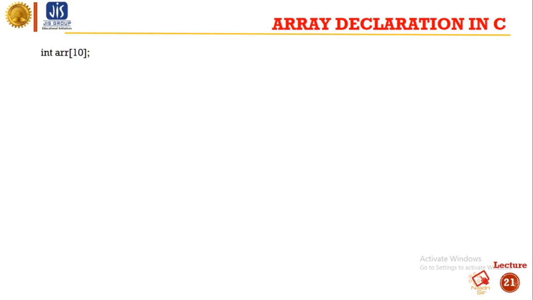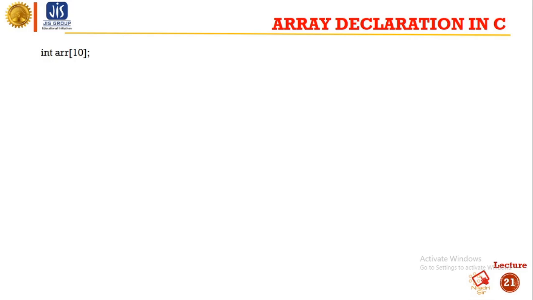Now, how to declare an array? To declare an array in C, a programmer specifies the type of elements and the number of elements required by the array. As you can see, int is the type, ARR is the array name, and within the brackets is the size of the array.